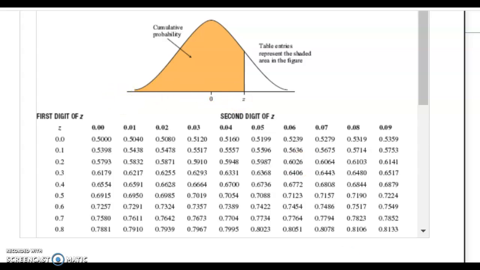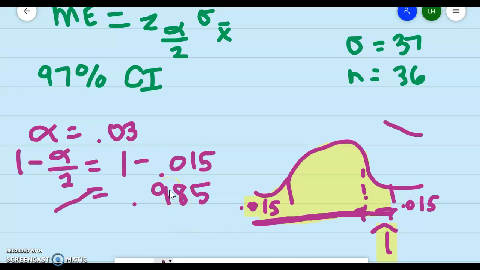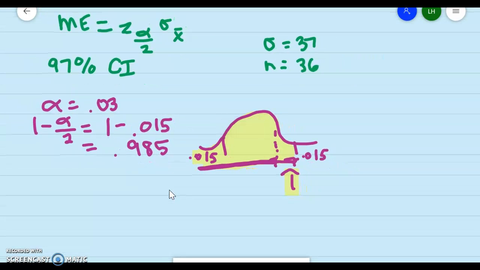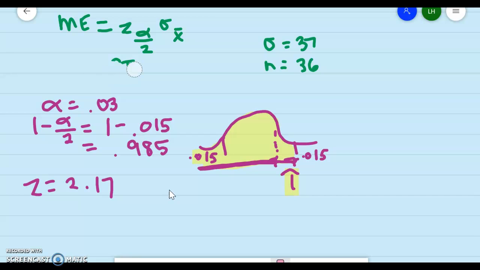So now I know z is 2.17. So that's the first part of my formula up here. The first part is 2.17.